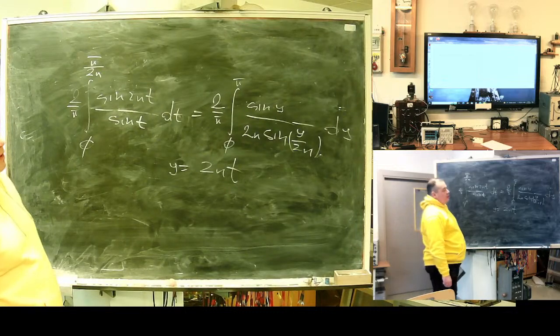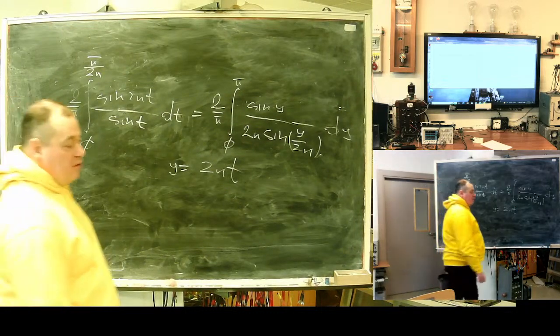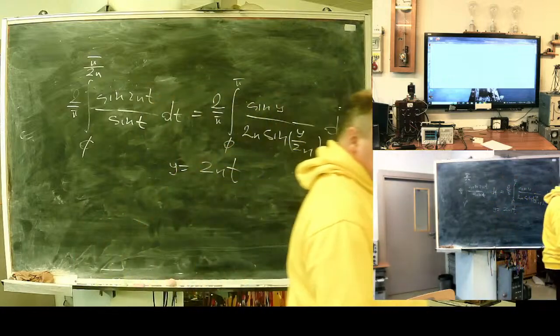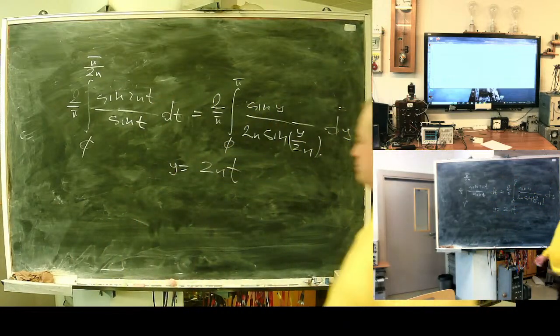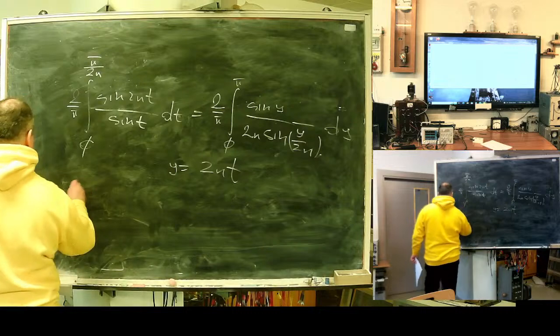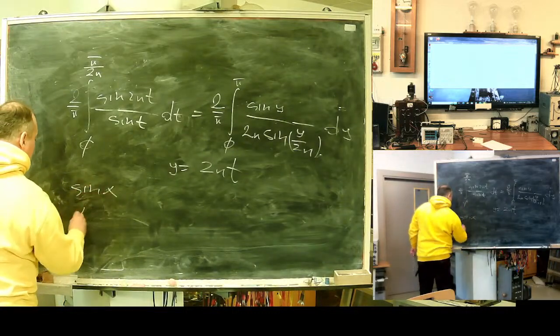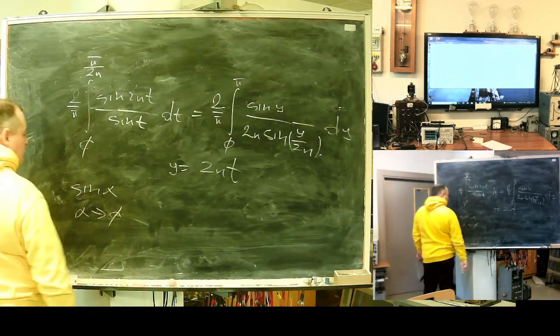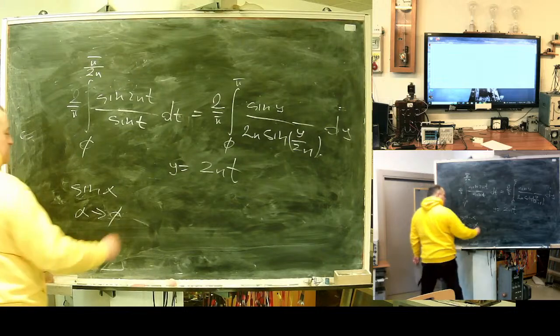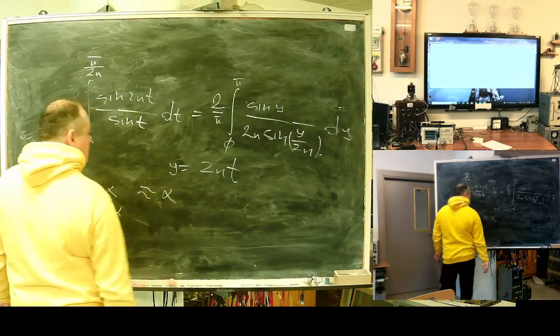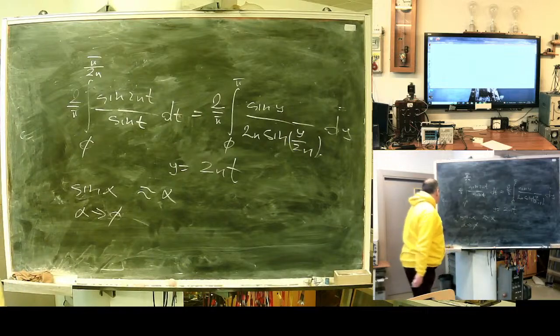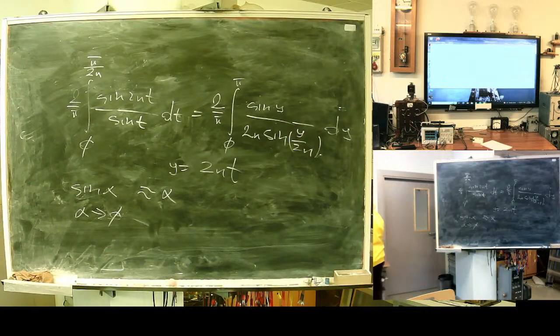What do we know about sine of small angles? Sine of α, if α is very small, is approximately α itself.